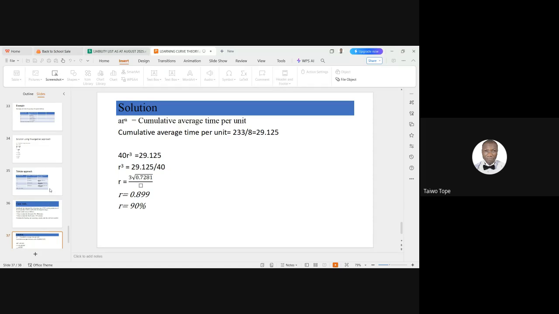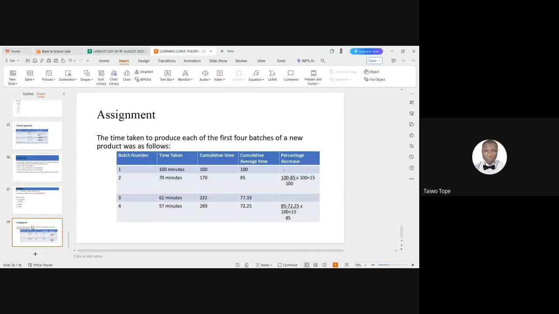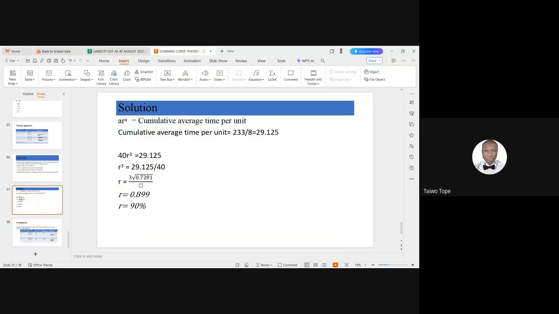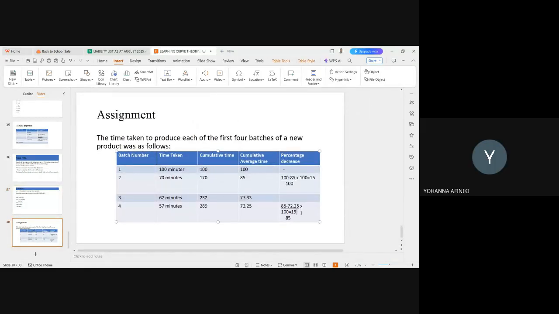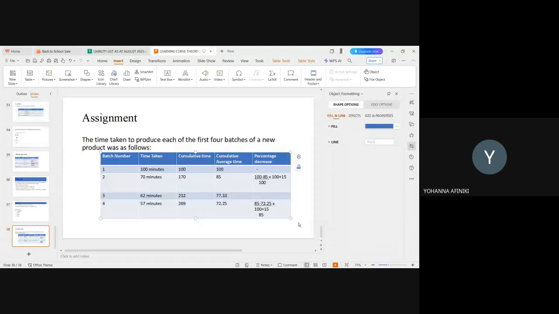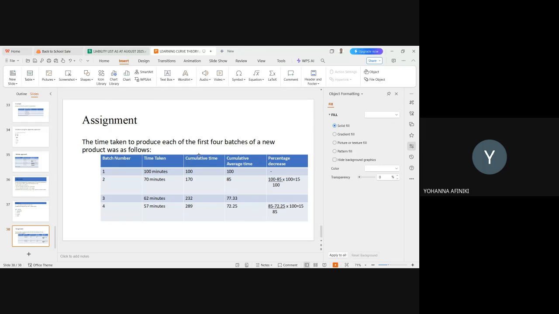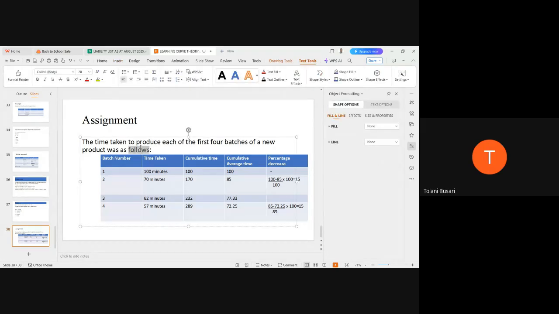So can you solve using the algebraic approach now? No, I want to screenshot the other one, please. The one we just solved. Thank you, sir. Hello, sir.